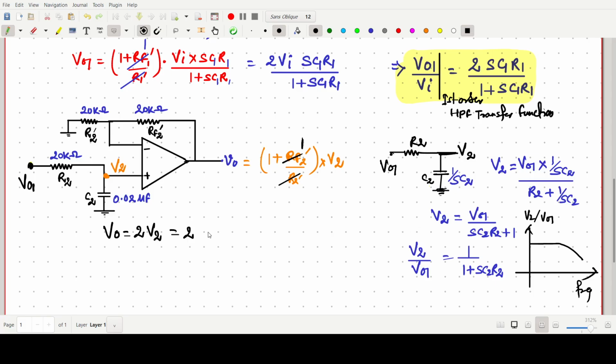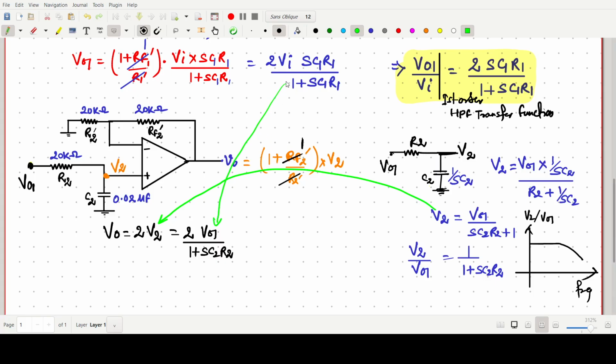V2 will be twice V naught 1 upon 1 plus SC2 R2. Yes, clear? Now we have written V2 from this one. Now we have to write the value of V naught 1. So V naught 1 is nothing but simply this.